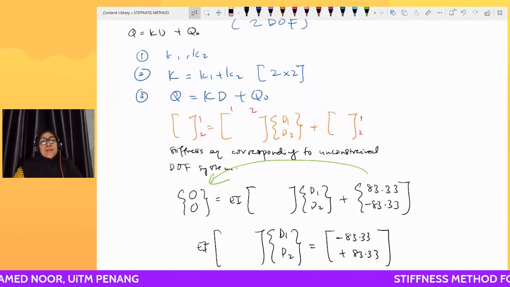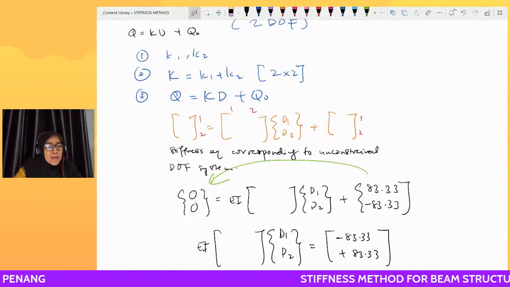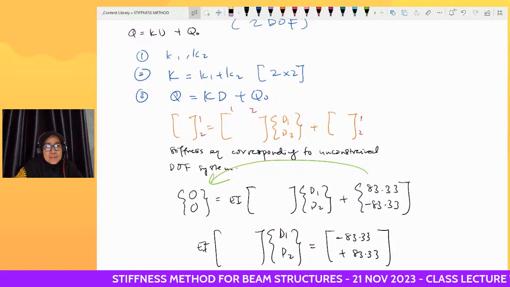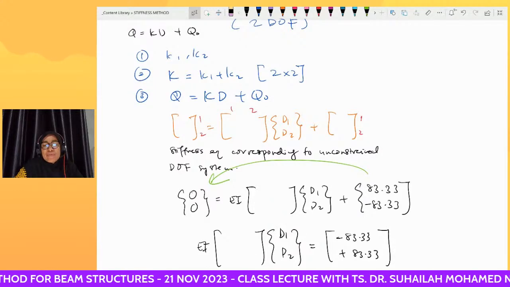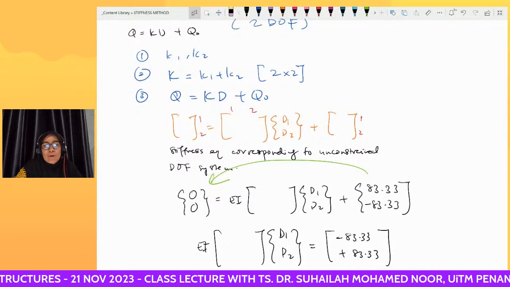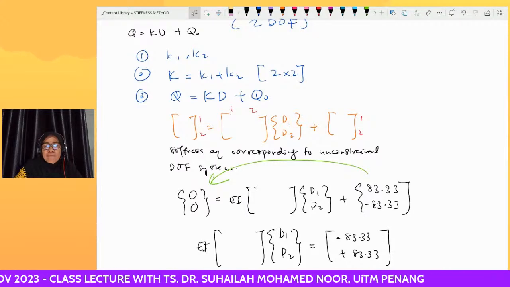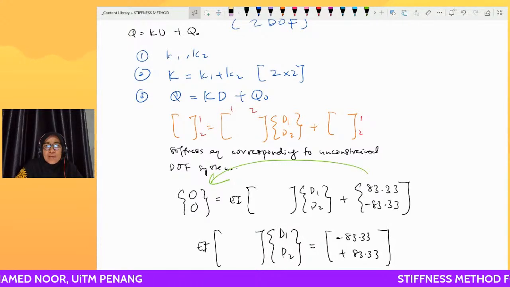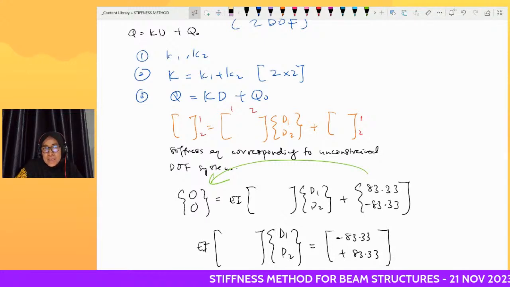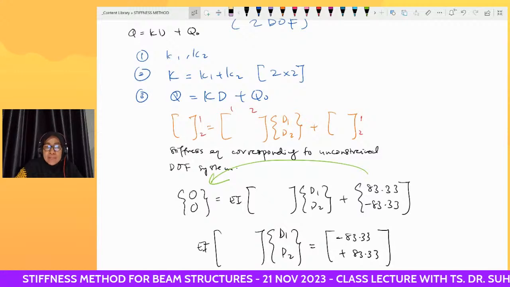I will put an example like what I discussed previously with the previous students. You can also watch the video regarding the stiffness method. There are two questions in the final exam, and it is quite straightforward, and every student can score this topic easily compared to the flexibility method.